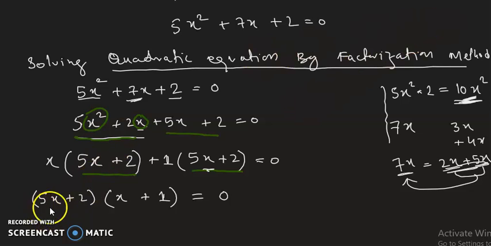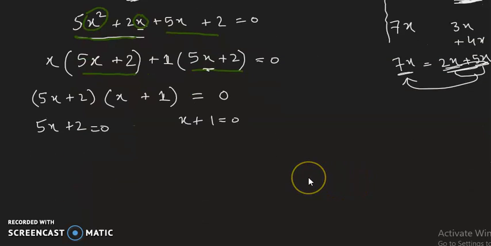Okay, the cursor is here, so you can write 5x plus 2 equals 0 and x plus 1 equals 0. So now things are going easy. Again, the problem is here. I don't know. Okay, I will solve it.